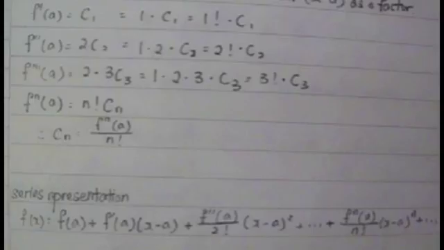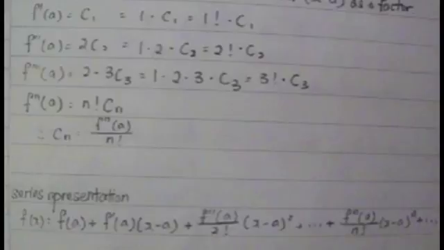Okay, now let's substitute x equals a into f prime of x, the second derivative, and so on. For the first one, f prime of a, we will only get C1, because for the rest, you can see there is a bracket of x minus a behind every constant, which means that when we substitute a into f prime of x, for the rest, we will get 0.